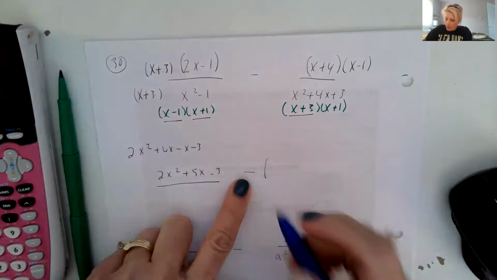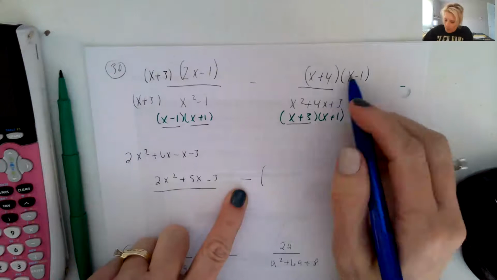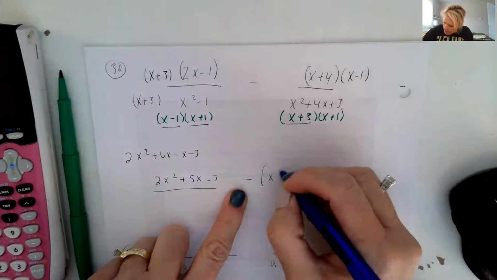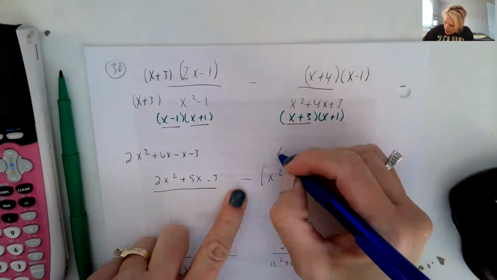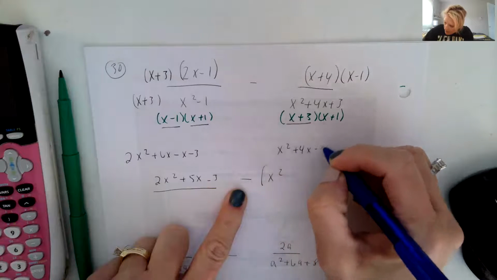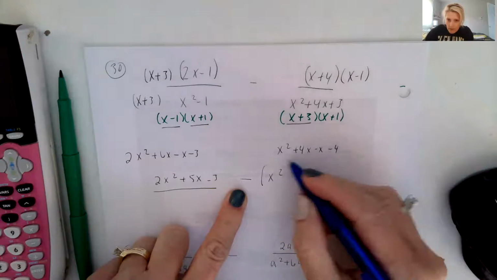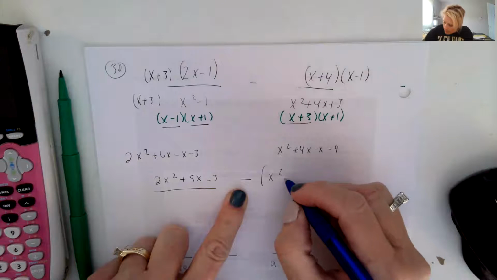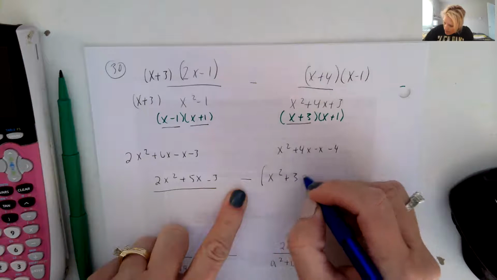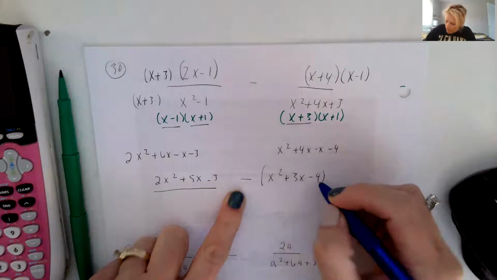Subtracting, make sure I subtract this later. Let's multiply these binomials. So we have x squared plus 4x minus x minus 4. So that makes x squared plus 3x minus 4.